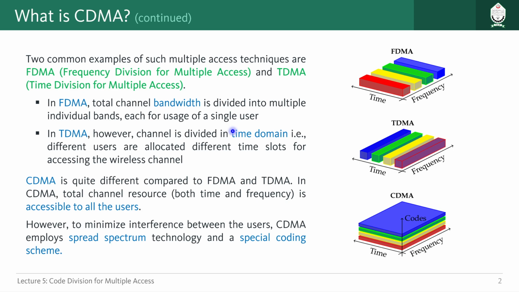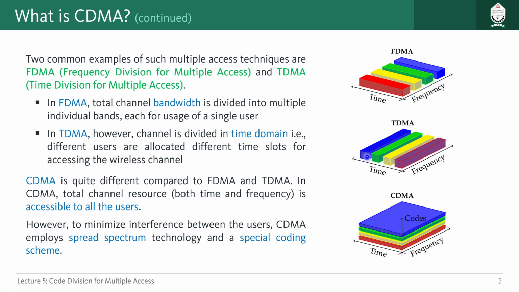So now the question is how this code division for multiple access, or CDMA, is different from FDMA and TDMA. CDMA itself is also a multiple access technique, as you will see. To understand that, you see here in this figure, in FDMA the division, or sharing of the resources, happens in the frequency domain.